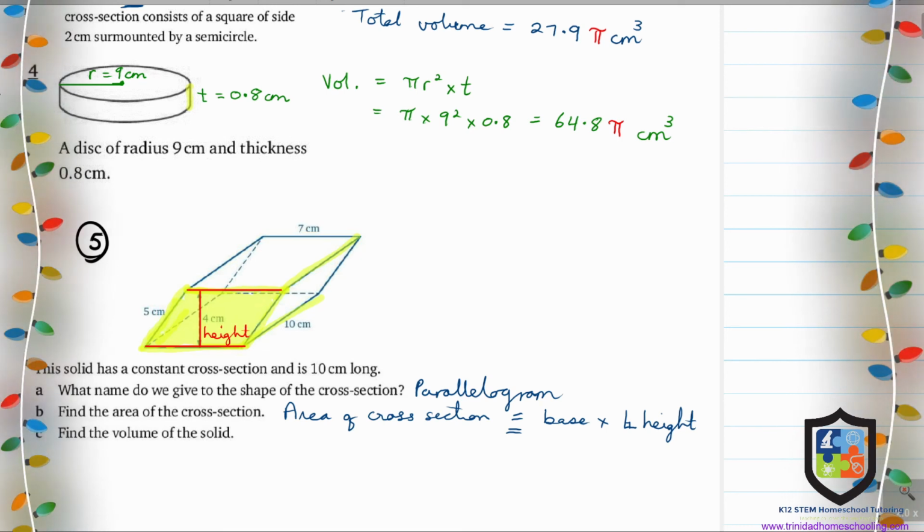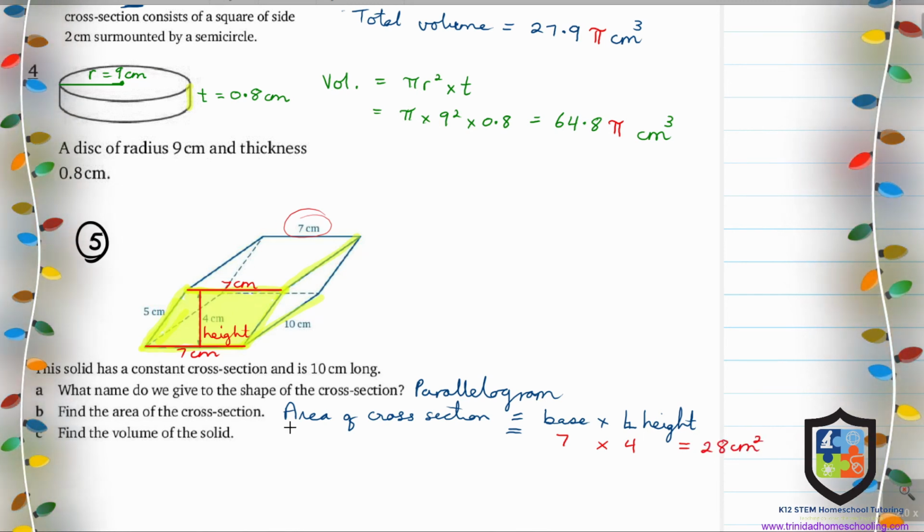Now it's not the 5 centimeter because the 5 is not perpendicular to this 4 centimeters here. So we're seeing this 7 centimeters there, and that is going to be the same length of this one and this one. So my base is 7 centimeters and my height is 4 centimeters. So my area is 28 centimeters squared. We're finding area here.